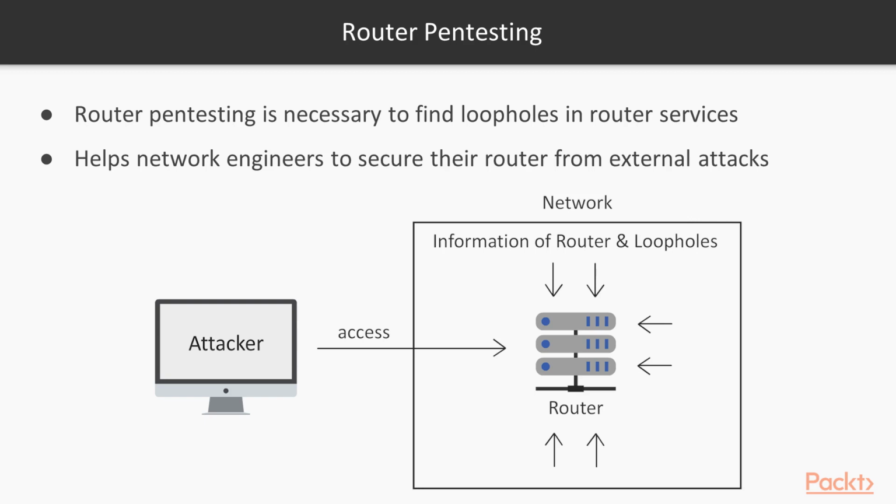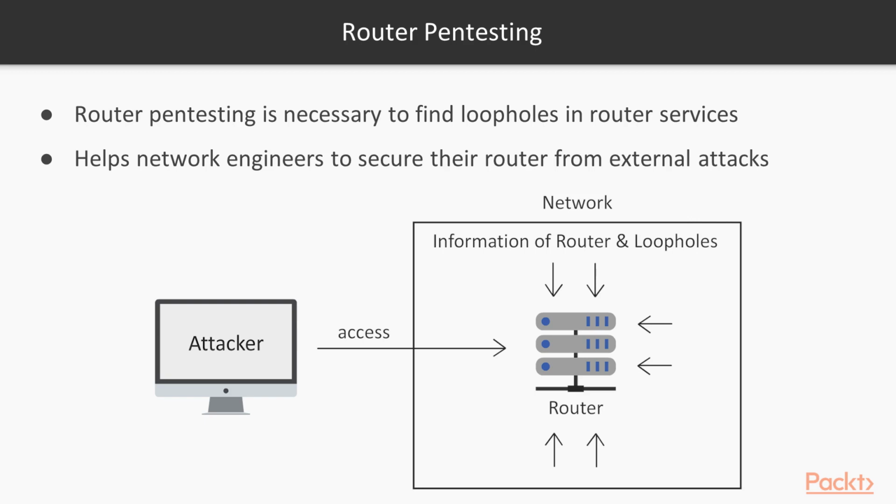So router pen testing means getting information about router vulnerabilities or loopholes. And by finding all the loopholes, you can secure your network by securing your router. So finding all the loopholes inside your router is called router pen testing.